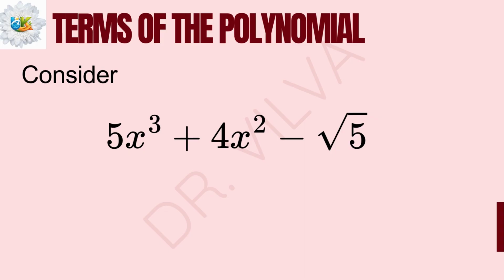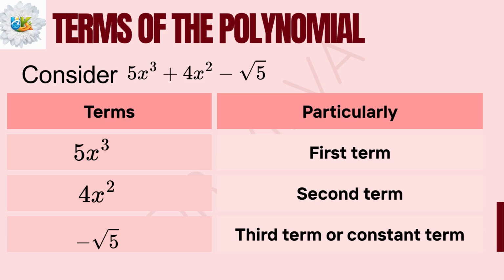If you have an expression like 5x cube plus 4x square minus root 5, it is made of terms. 5x cube is the first term, 4x square is the second and minus root 5 is the constant term.